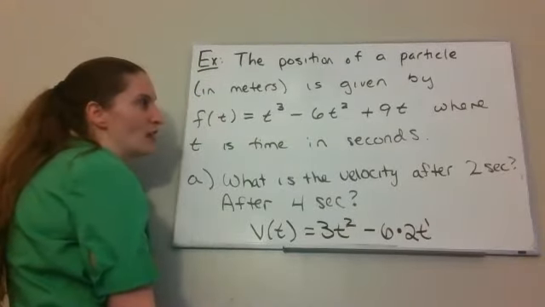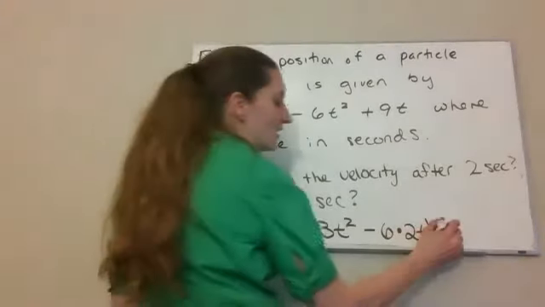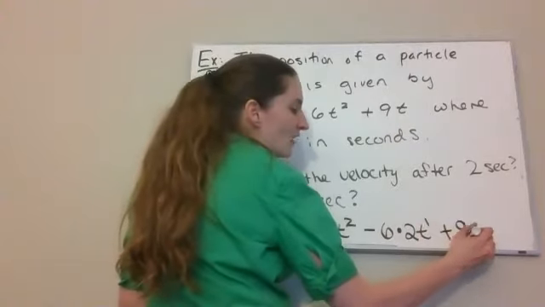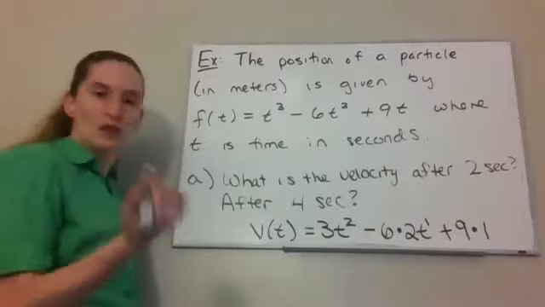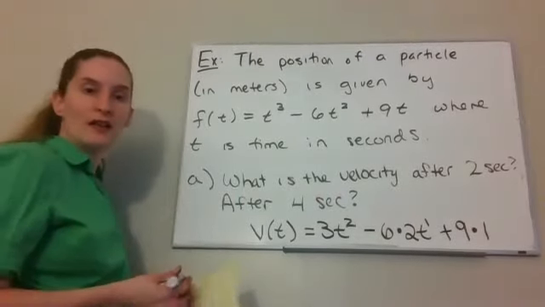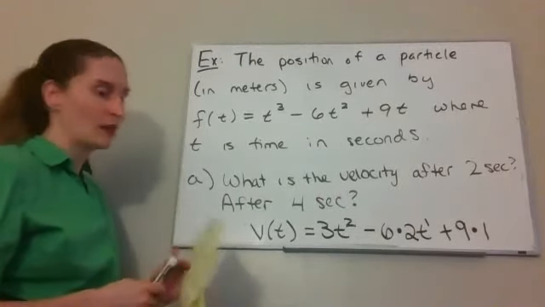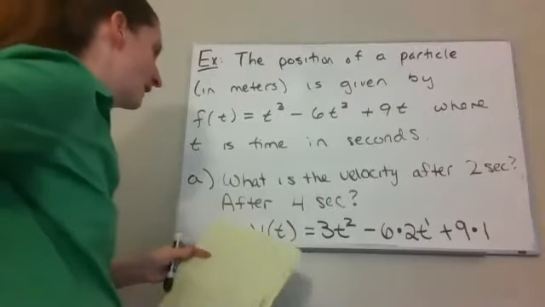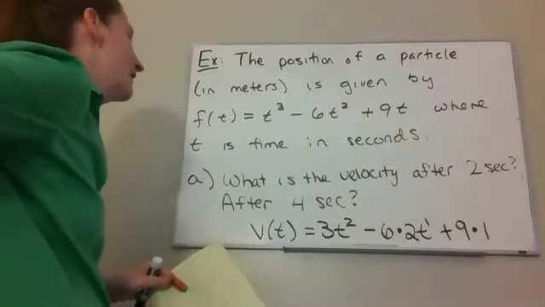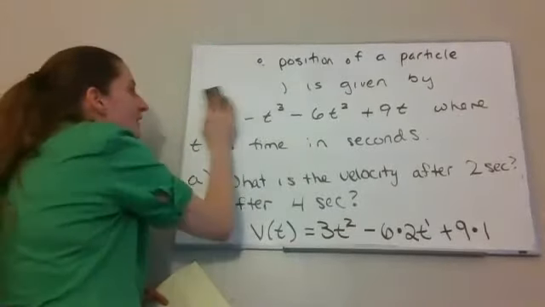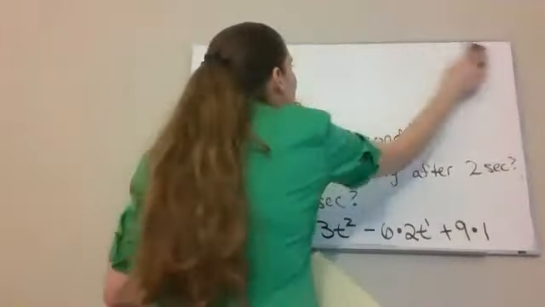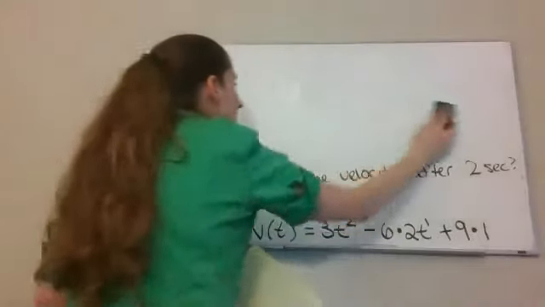And then for the derivative of 9t, the 9 gets to stay, and the derivative of just t is 1, using what we used earlier in the video, or you could use a power rule again. So let's simplify this velocity, and then we will figure out the velocity after 2 seconds and after 4 seconds.